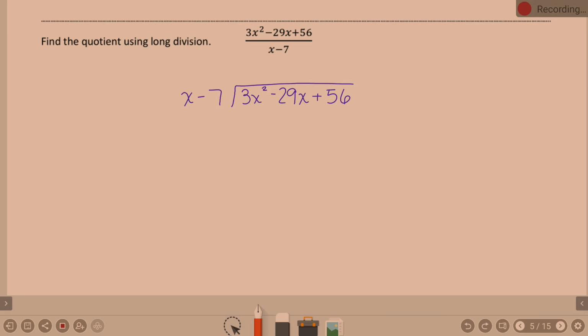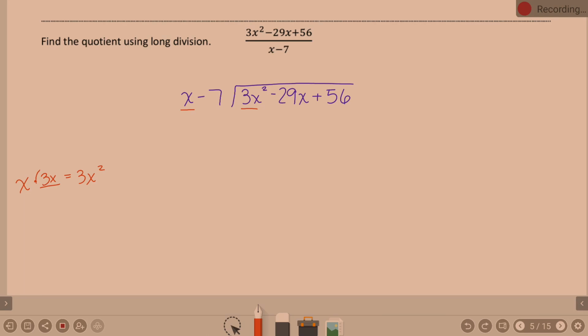What are you starting off asking yourself? How many times does x go into 3x squared? Don't worry about the 7. Don't worry about the 29x. They kind of just tag along and they work themselves out, okay? Just worry about the x and the 3x squared. Or in other words, x times what is 3x squared? 3x?